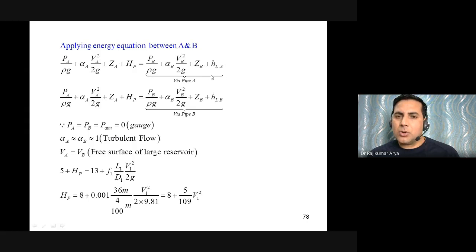This is the loss, all the losses between point A and point B. So if you go via pipe A, that means for pipe number 1. The same thing you can reach also via pipe number 2. So the left hand side would be the same, only the right hand side is changed. Here you are putting all properties of your pipe B, correct?